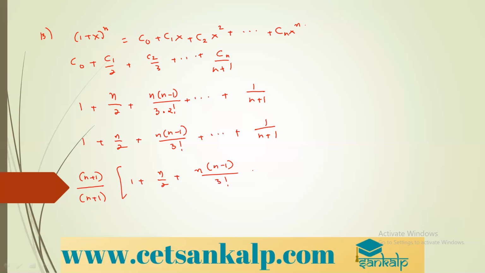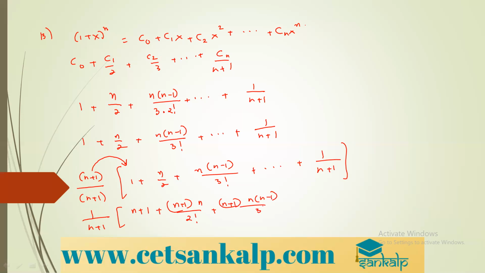You will understand later in the next step. So I will distribute this n plus 1, but I will keep 1 by n plus 1 outside. So first term is n plus 1, n plus 1 into n by 2 factorial, n plus 1 into n minus 1 by 3 factorial, so on. The last one will be 1.